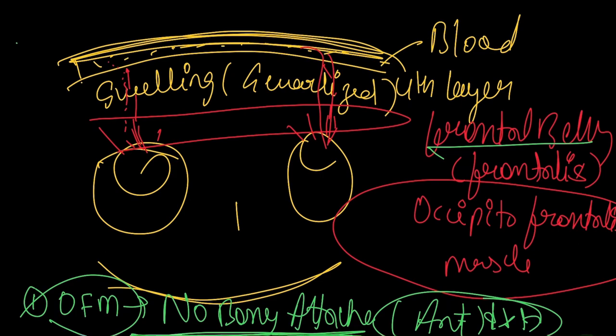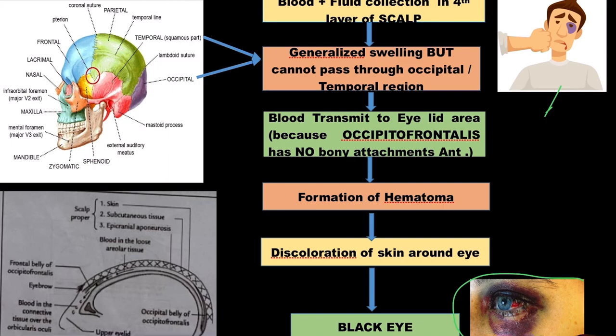So we are done with this black eye, that is fluid plus blood get accumulated in the fourth layer. Why? Because if someone punch you very badly and there is the generalized swelling but the blood cannot pass.